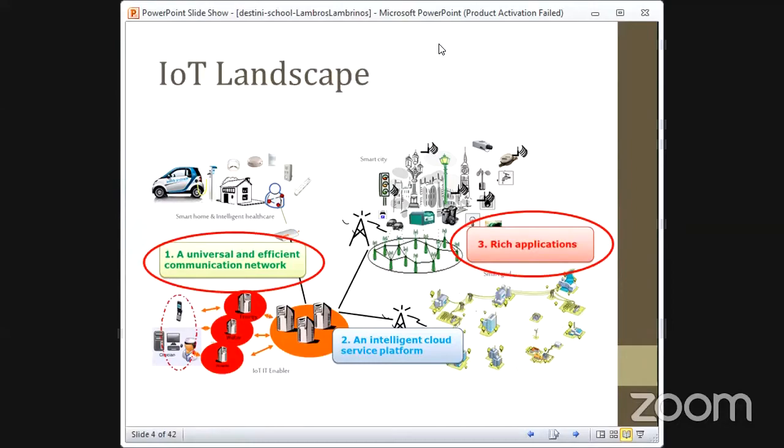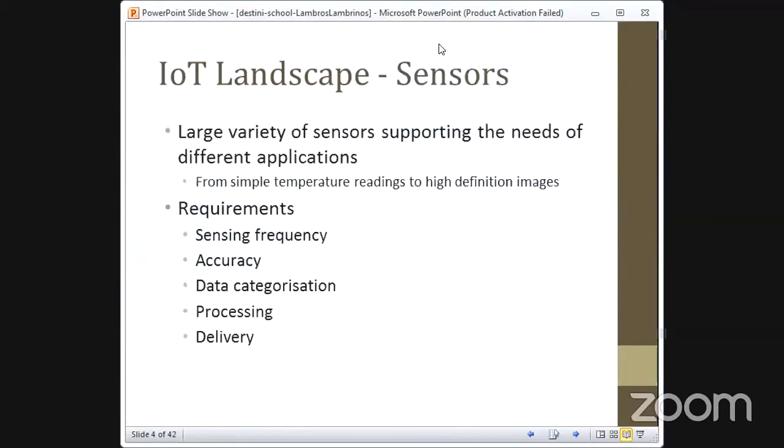We also have the cloud service platform, where essentially all the processing occurs, although we're starting to see many cases where an increasing processing load is occurring at the edge as well. A core part of the landscape are the sensors. There's a huge variety of them. They vary in size and cost and functionality.